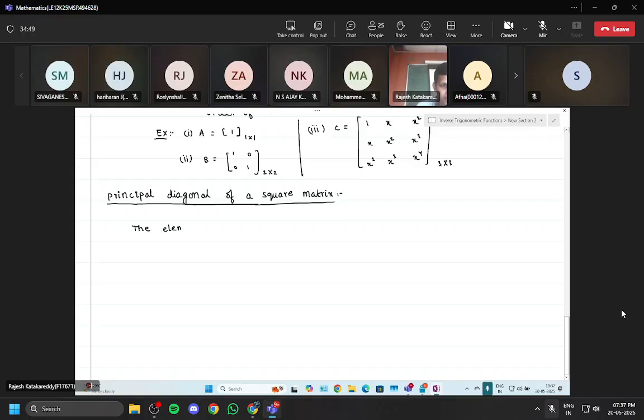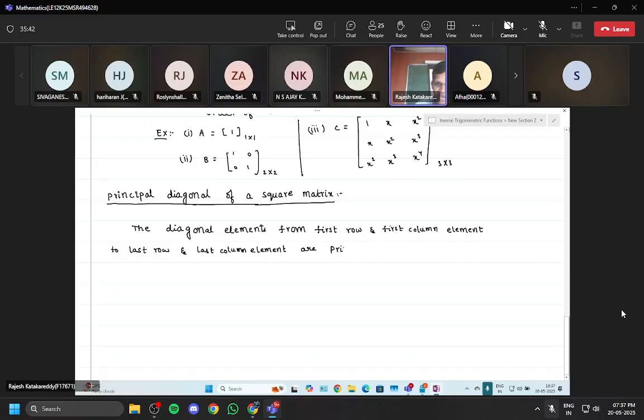The diagonal elements from first row and first column element to last row and last column element are the principal diagonal elements.